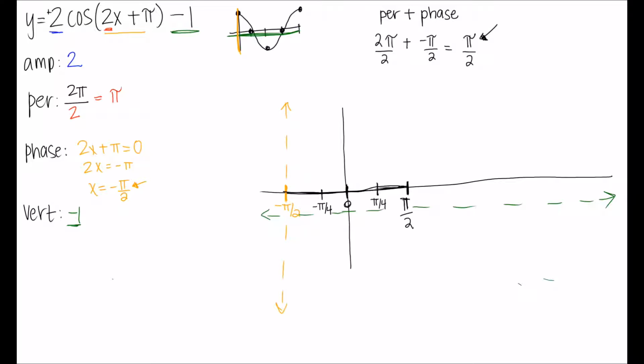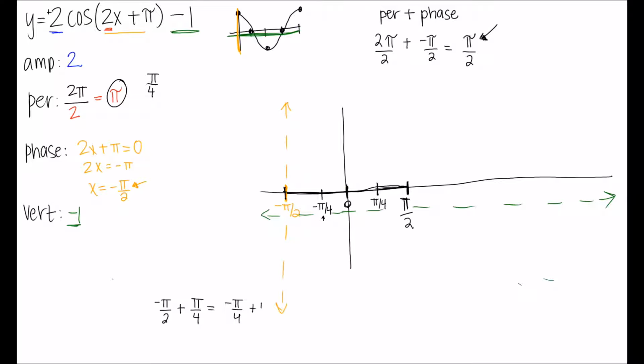You can still take the period and divide it by 4 to figure out what you should be adding to the original phase shift. So if you started with your phase shift of negative pi halves and you added pi fourths, you would get to negative pi fourths, which is the next little tick mark. So that's how we get to this number.